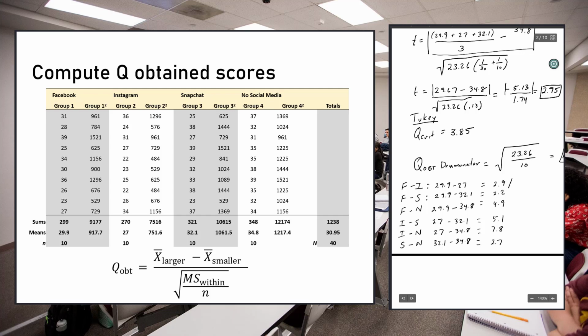And we divide these differences by 1.5251. And we get our obtained values of Q.